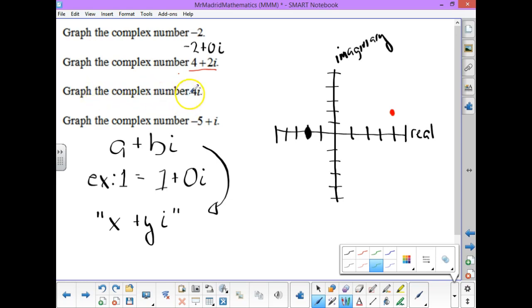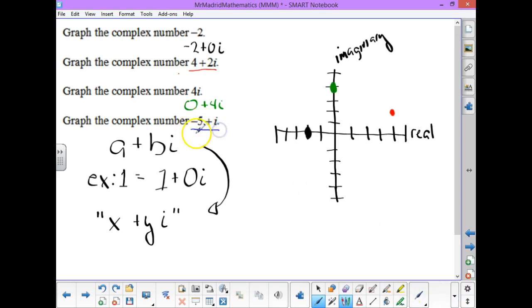Now graph the complex number 4i. This one needs some help, so there's no real component, so I write 0 plus 4i. Now I can graph it. The real component along the real axis is 0, so I stay at the origin. Then I travel 4 up on the imaginary axis, and that's where I plot it. And lastly, let's look at this guy. He's pretty much in that form already.